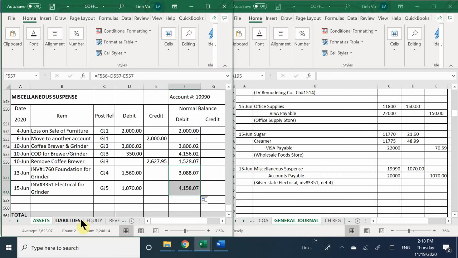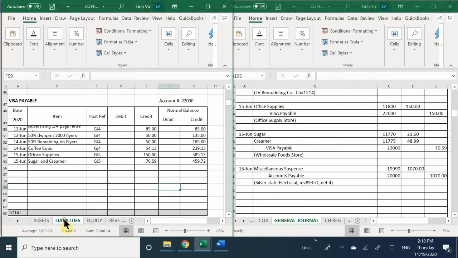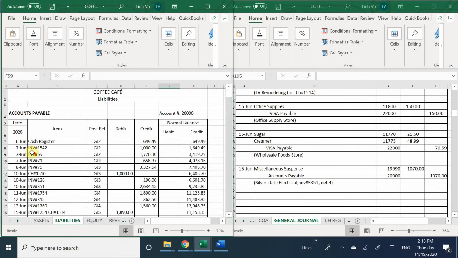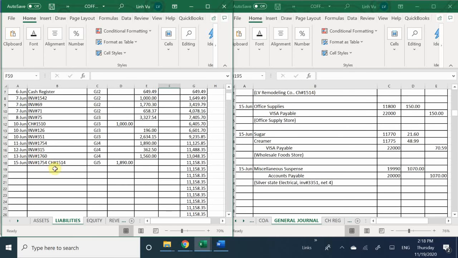Then we need to go to our accounts payable, which is going to be under our liabilities and up at the top. Date will be 6/15. We're going to reference the invoice number 3351.